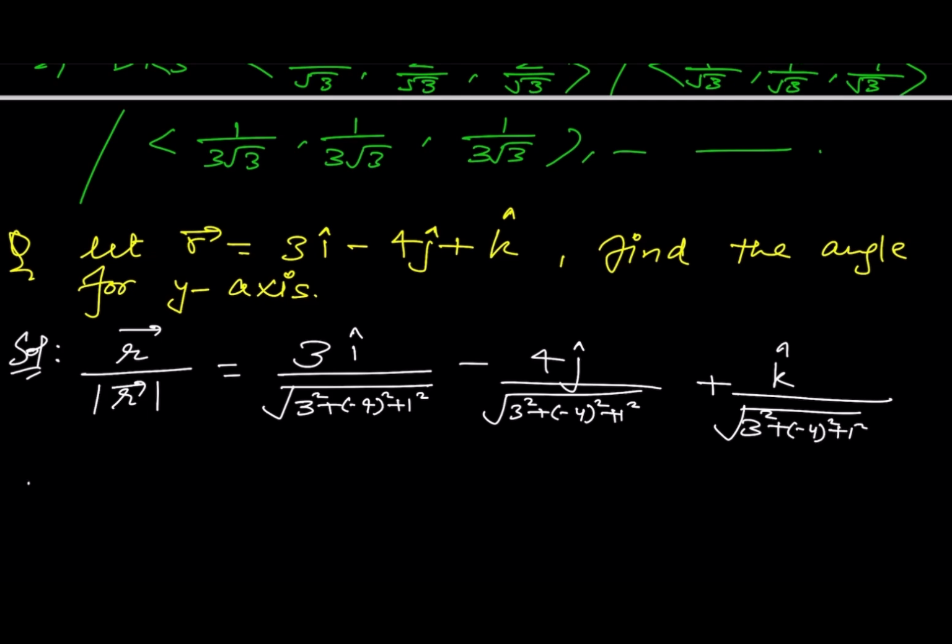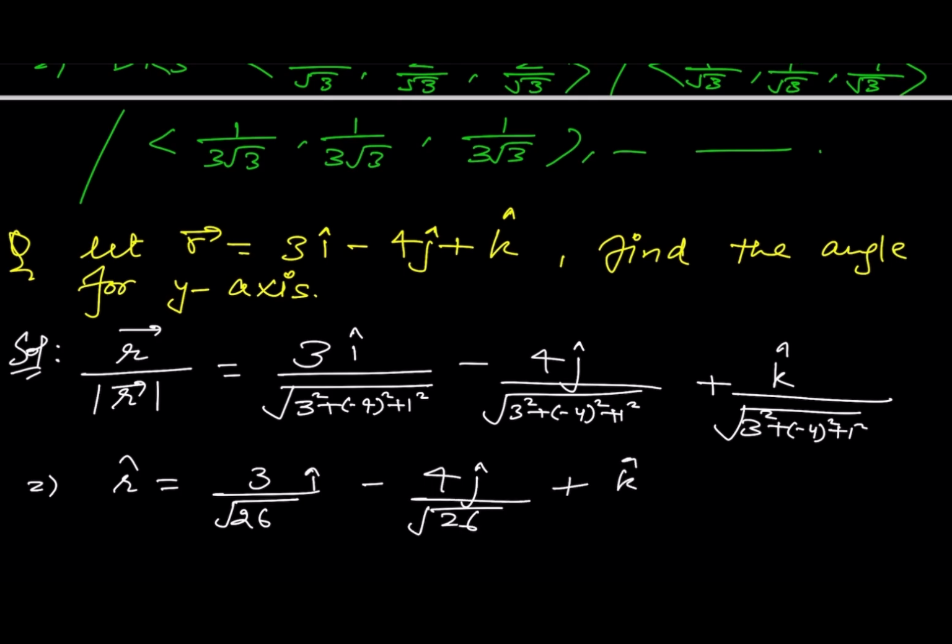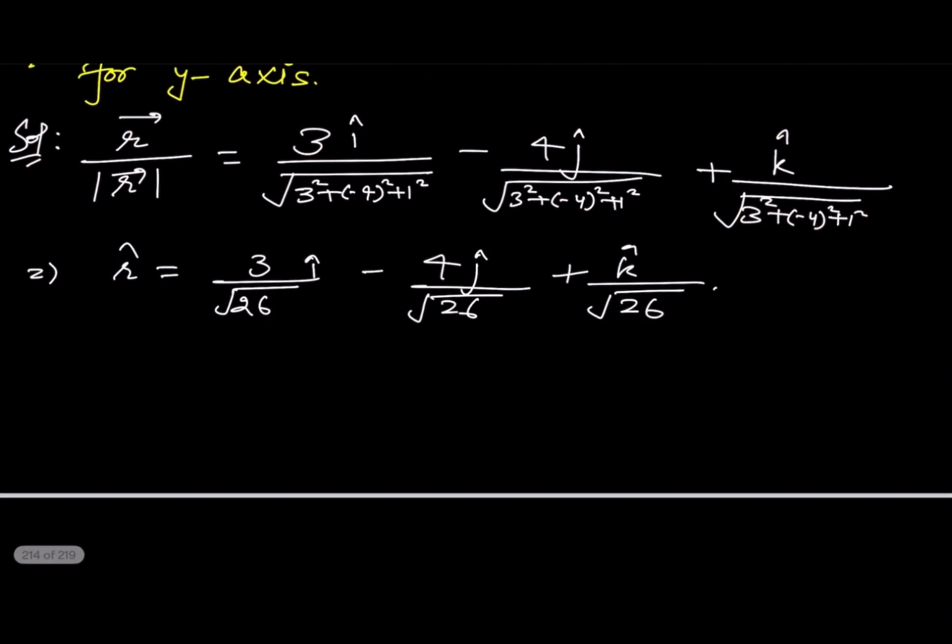So this is r cap is equal to 3 upon root over 26 i cap minus 4j upon root over 26 plus k cap upon root over 26.